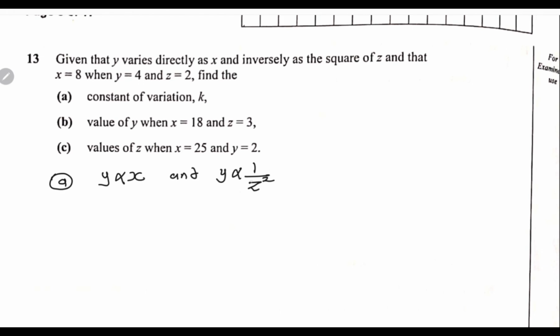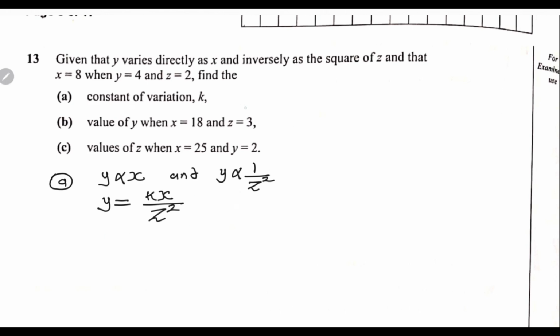So what we need now is to combine these two. So this is y, this is y, so whenever you are combining, you write equals. Then you multiply this and you introduce the constant. So when you multiply x and 1 over z squared, it will give you x over z squared. Then with a k, it will be kx over z squared. So this will be your master equation that you're going to use.